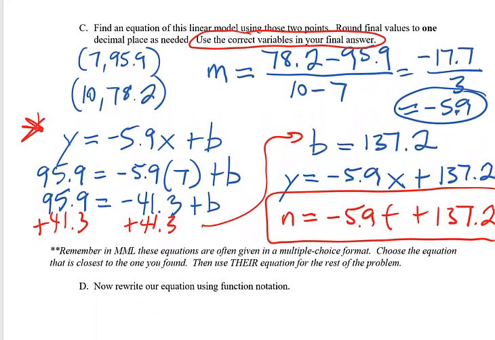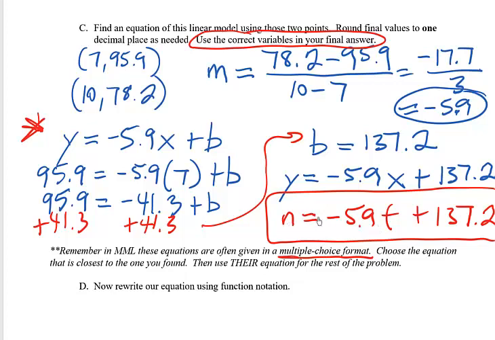There is a reminder note down below here that I should point out. Remember, the tricky part of this in my math lab is that, of course, every student may pick a different couple of points to choose when making the line. So you might get a different answer than somebody else in the class. And so what they do, just as we saw before, is they'll give you the equations in a multiple choice format. So you pick your 2 points.